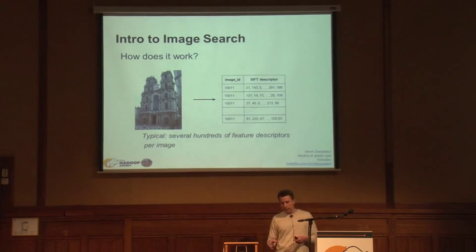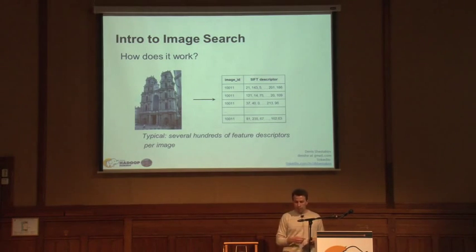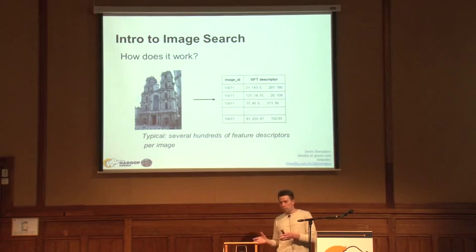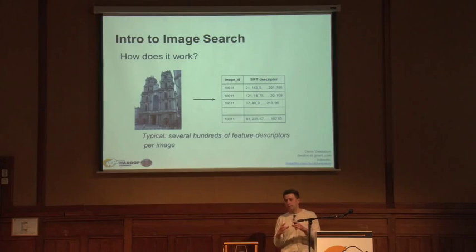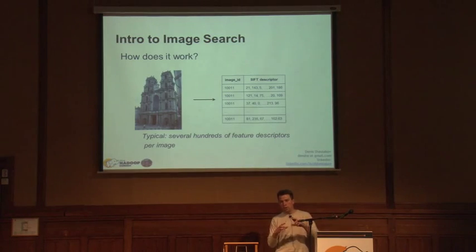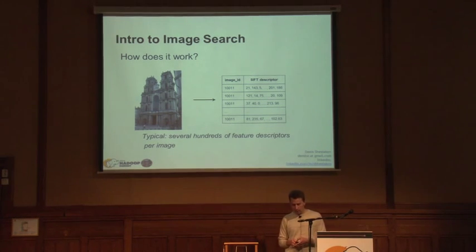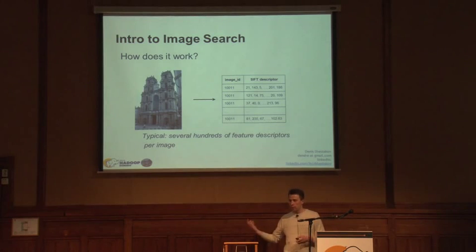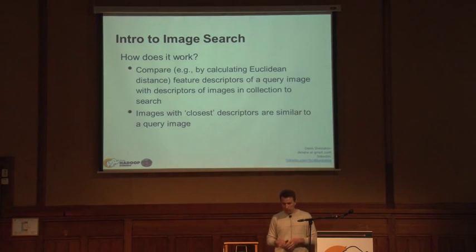But the idea is that for every image, you're going to get typically hundreds of feature descriptors. It's one of the reasons why it's recommended to resize your images, because the smaller the image, the smaller the number of descriptors you're going to get for each individual image in your collection. Right?